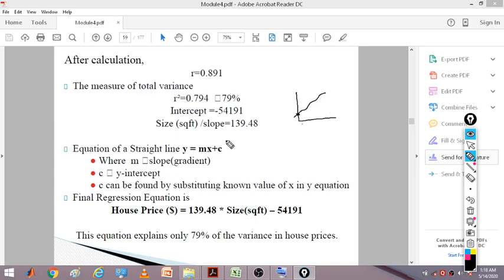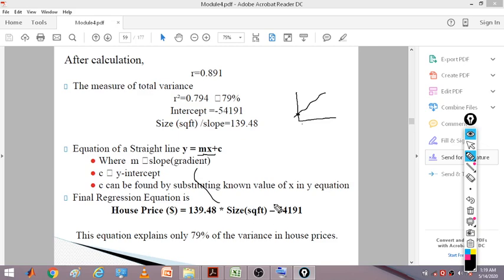For a straight line, we know the equation is always y equals mx plus c. Now c can be found by substituting a known value of x in the equation. Here the house price, your dependent variable, will be equal to the m value we obtained, 139.48, into x, since we are predicting the house price depending on the size, plus c.